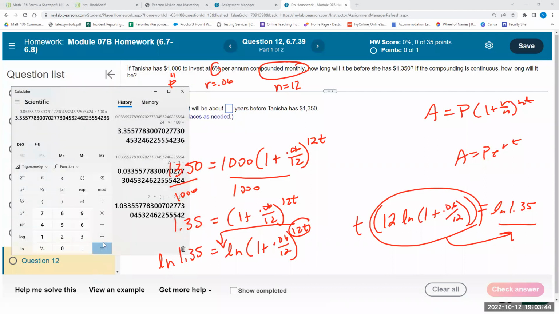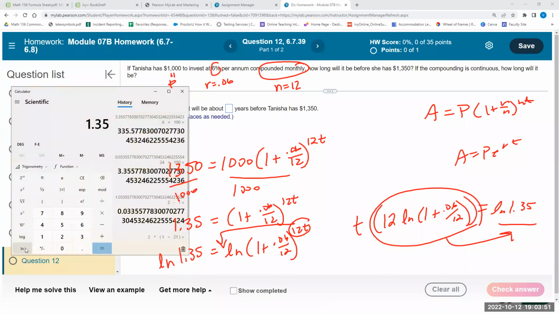This calculator is a pain to do logs with, but hopefully you have a calculator that's a bit easier. But I would do ln of 1.35 divided by, and I'm going to put parentheses, I'm just going to do this as all one big thing, 12 times, and then in parentheses, ln of (1 plus 0.06 divided by 12).